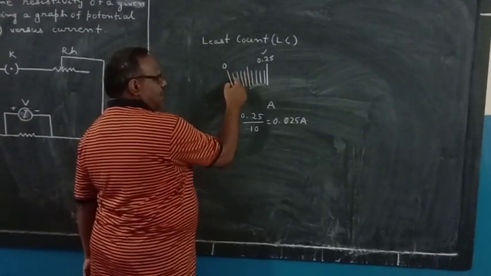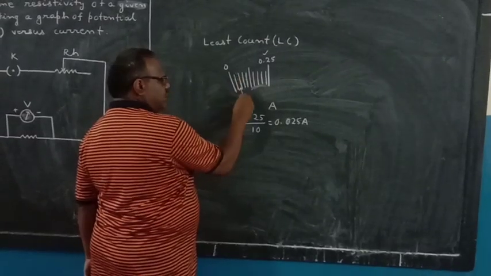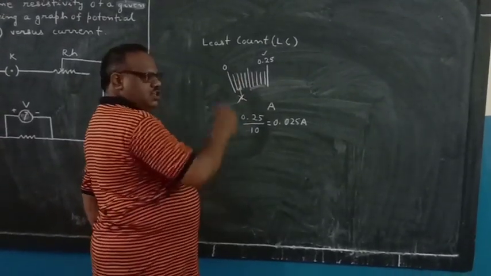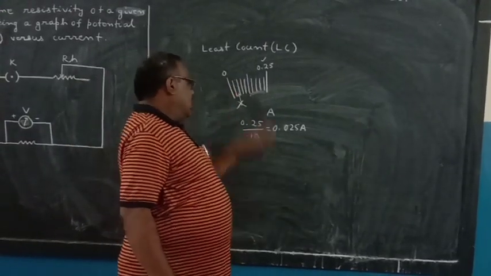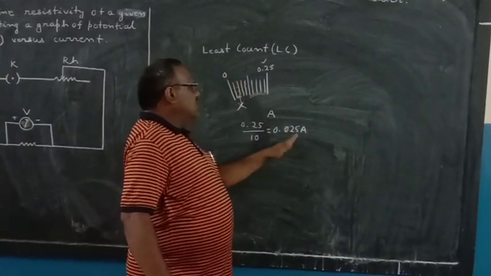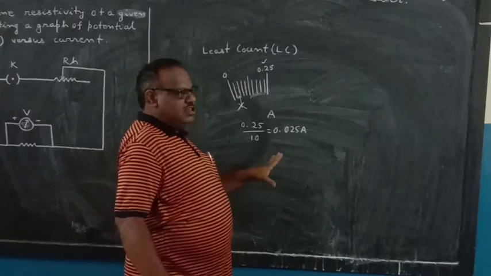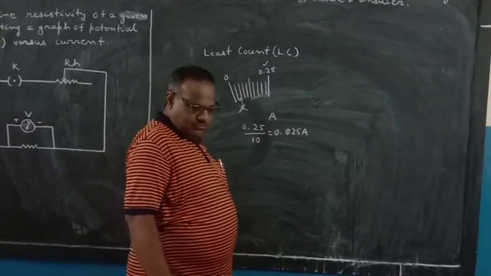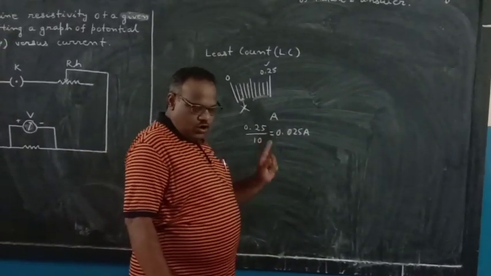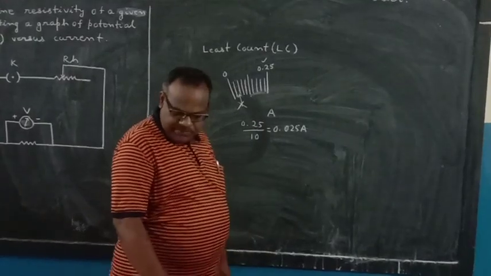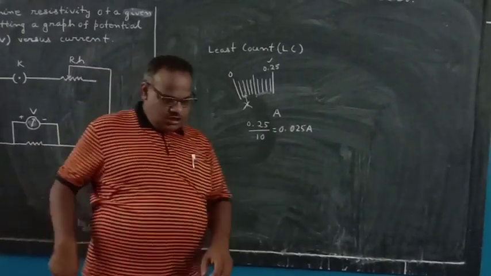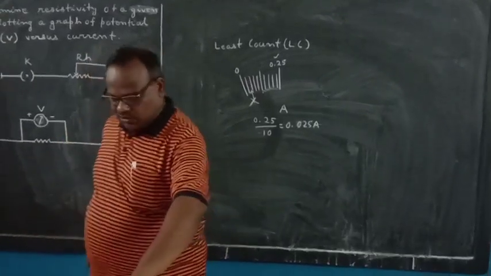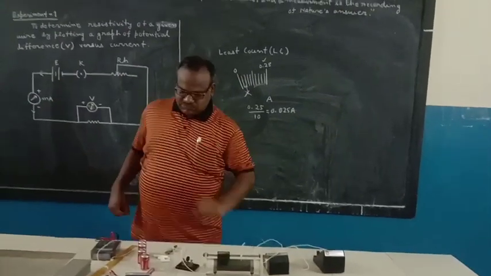But you cannot take like that, because you cannot measure any value less than the least count. So always the measurement in any measuring instrument is a multiple of the least count. That is the first thing.